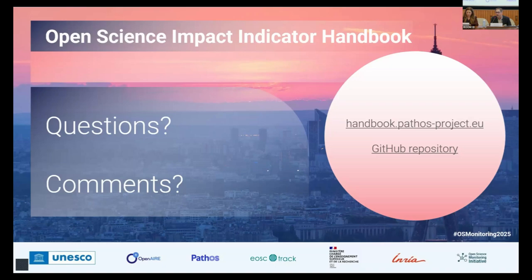So this is something that we are still working on, that we don't have anything to say on now, but it is on our radar. OpenAIRE has volunteered at least to keep the website up and running, also after the project is finished, so that's at least one thing. But for having long-term maintenance, we're still discussing that. But it is on our radar, so yes, it's an excellent point.